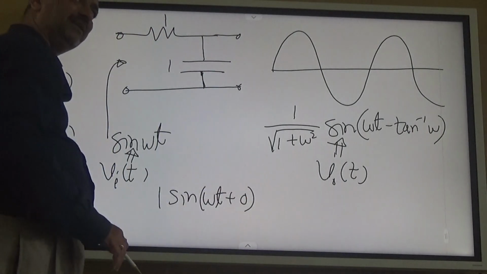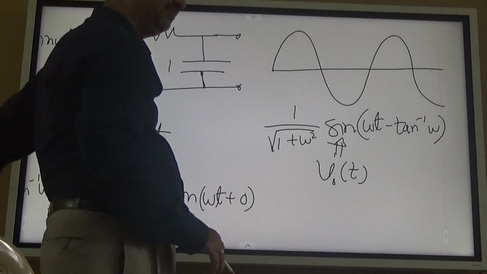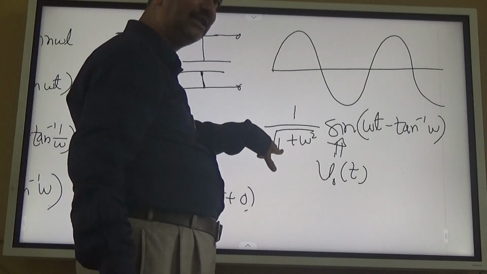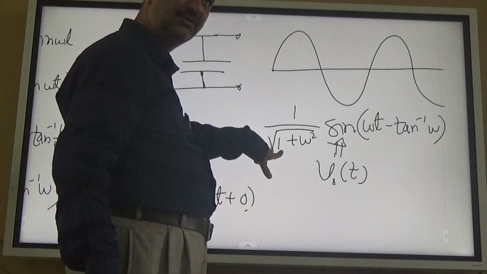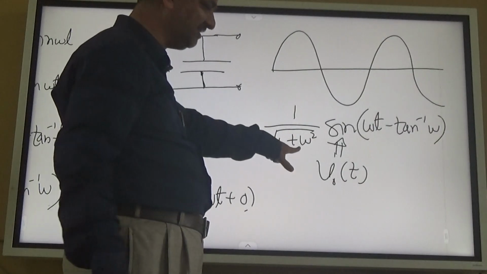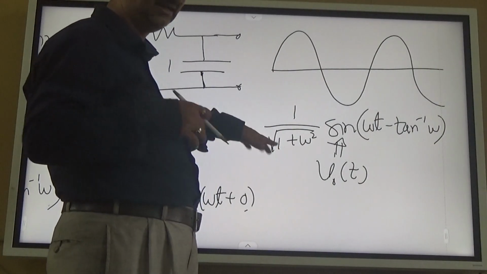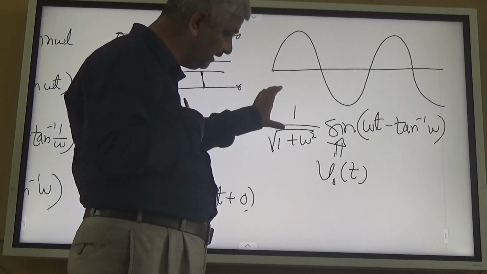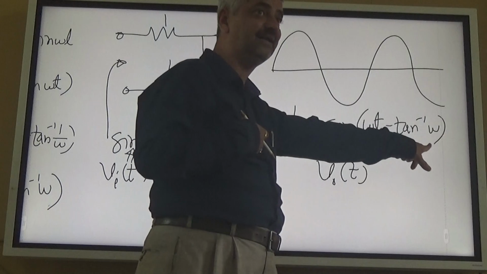So amplitude 1, phase shift 0, we get an attenuated output. If omega is 0, it doesn't matter, it is a DC signal, we know that.